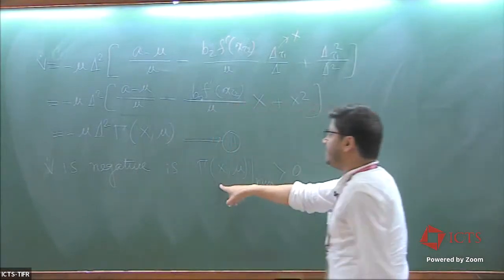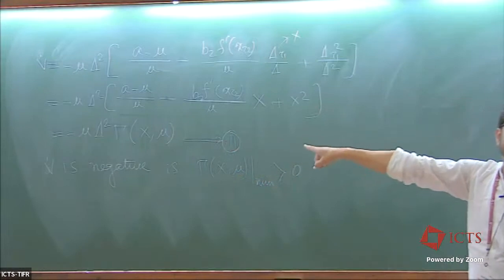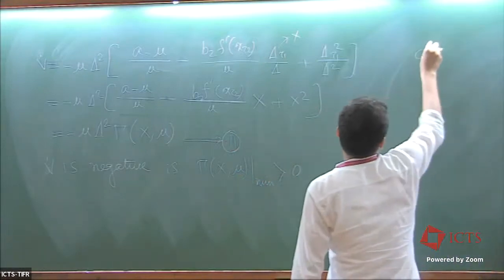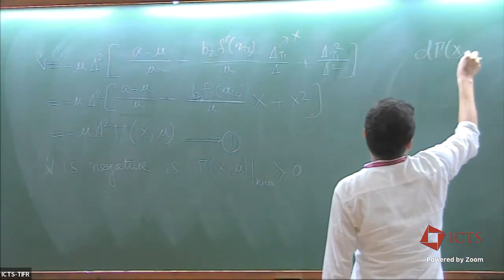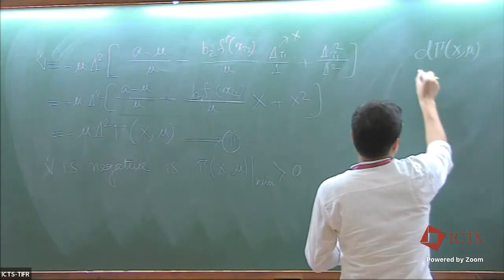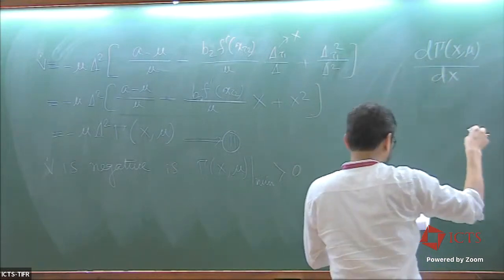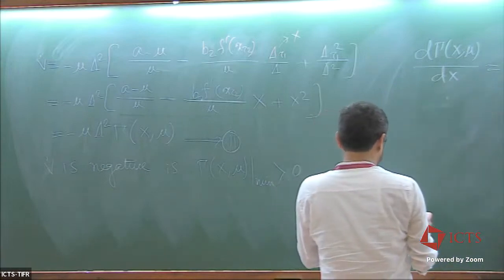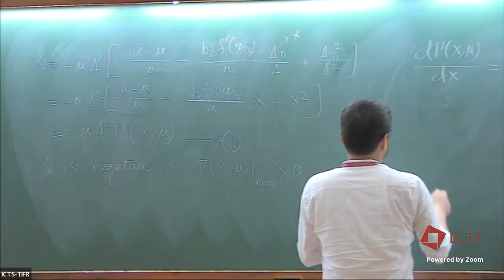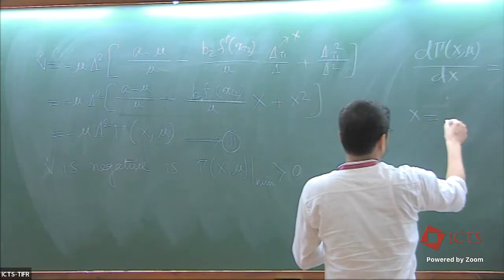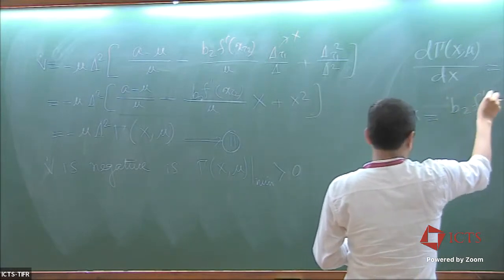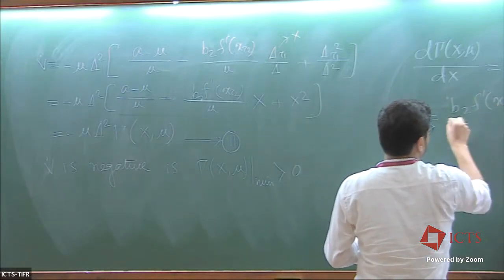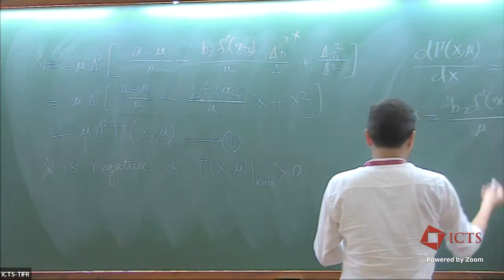To find the minimum value of gamma, we just differentiate it and set d gamma x mu with respect to dx equal to 0, which eventually gives x is equal to b2 f prime x tau 2 divided by mu.